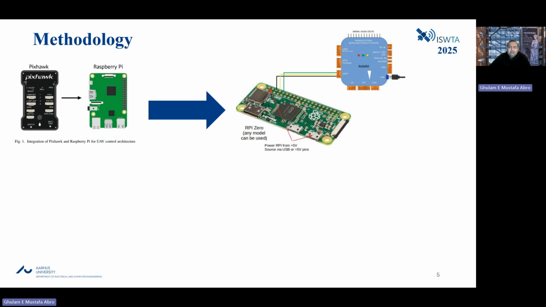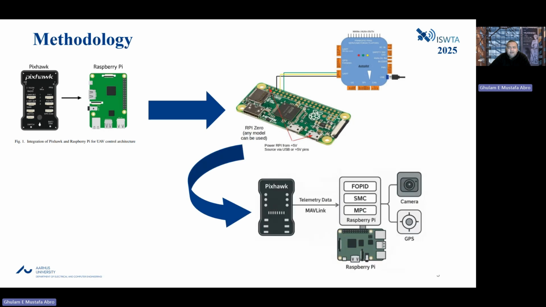We have RPi Zero, though any model we can use for this. And then we have power from the RPi, +5 volts, and then we have USB. So we connect some pins over here to our ArduPilot or Pixhawk controller, as you can see in the scheme. And the detailed description is mentioned in our research paper as well.